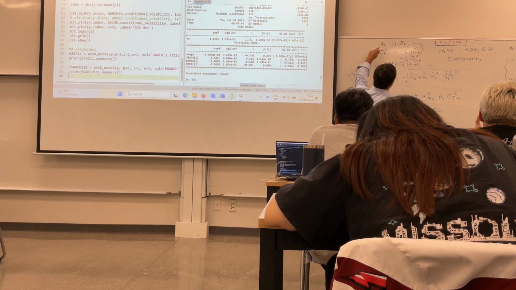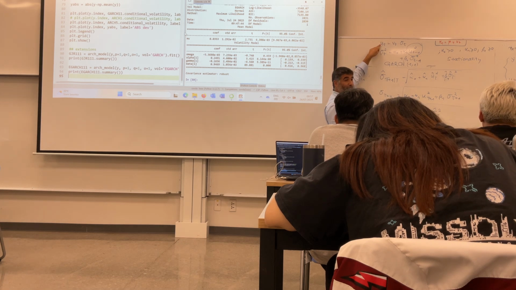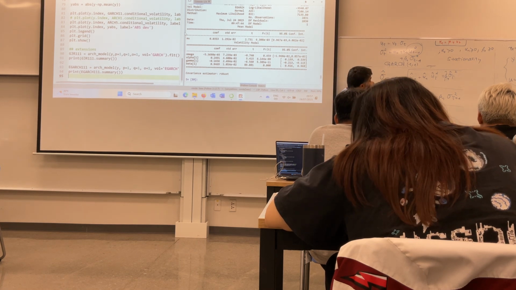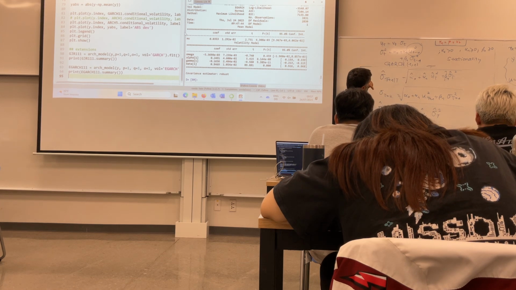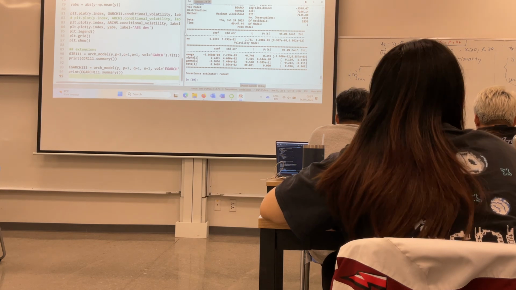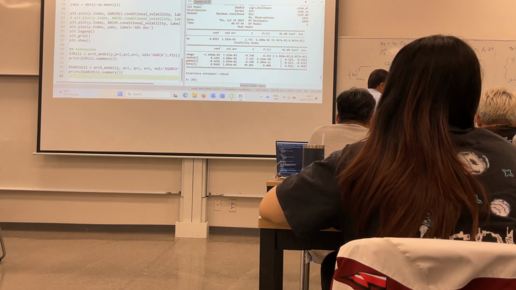Here we go. Let's say you can take this to the power of 2 and take an expected value. So we have z_t, IID with mean 0, variance 1. So let's write it here.